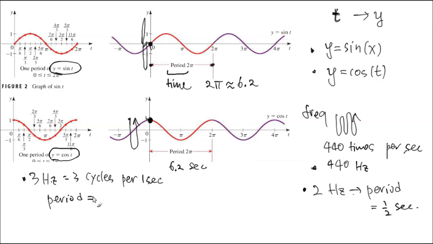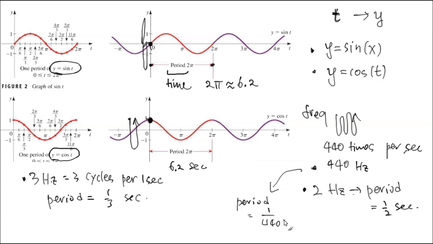Period is how long it takes to make 1 cycle. 1/3 second. Does that make sense? So you got the pattern? You have 440 times repeating like this, and for one cycle, what is the period here? 1/440. Now you punch it in the calculator, you get that number.